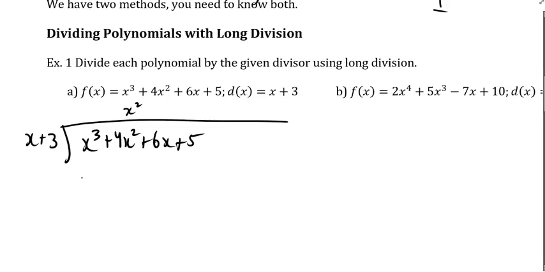So x squared times x is x cubed. x squared times 3 is positive 3x squared. Then we subtract. Is this familiar? Bringing back old memories from long division? So x cubed minus x cubed is 0. That has to work out that way, right? That's the point. 4x squared minus 3x squared is 1x squared.